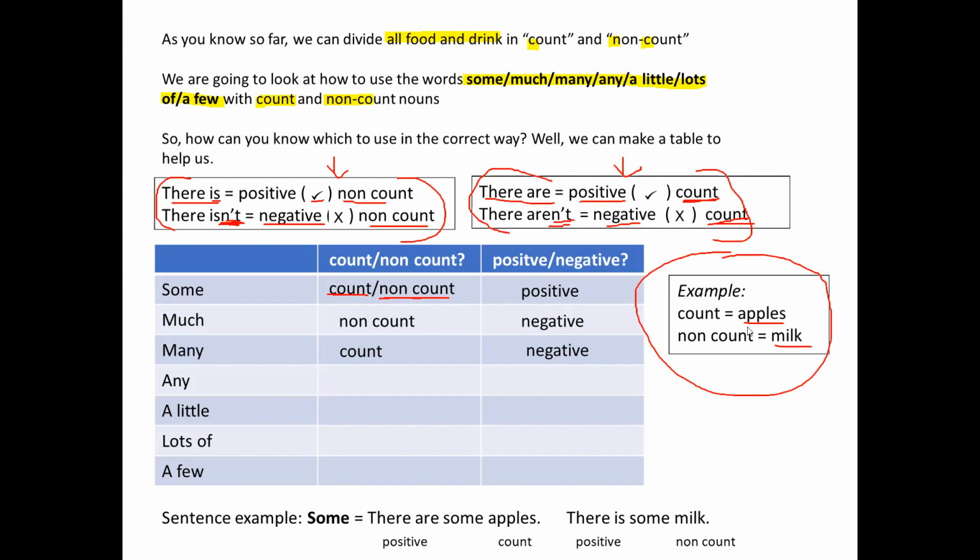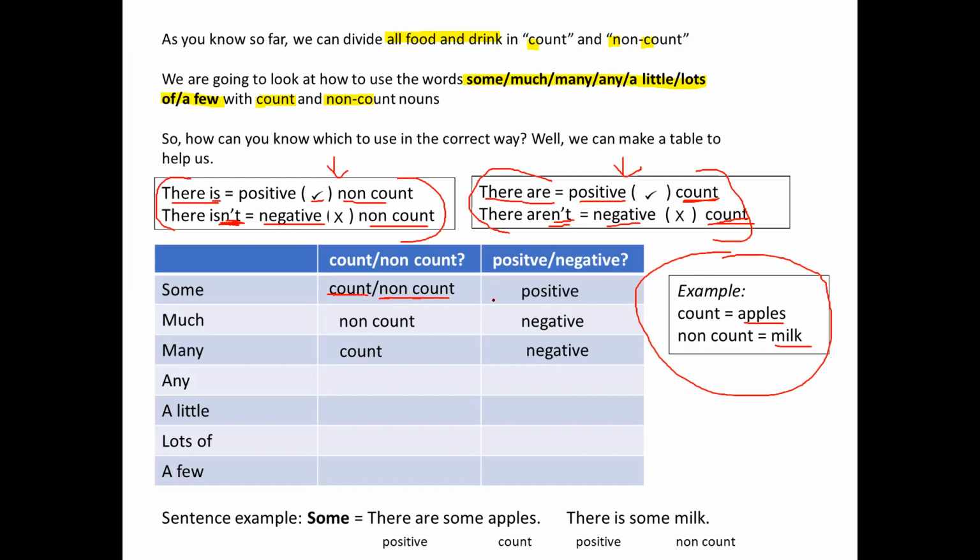There are many apples, maybe, but it's more usual, 95% of the time, we use it in a negative sentence. So we're going to say, there aren't many. Count negative. Here it is, count negative. There aren't many.